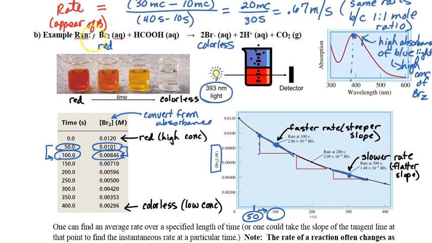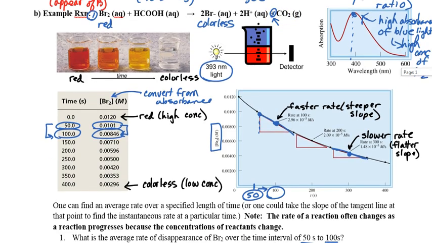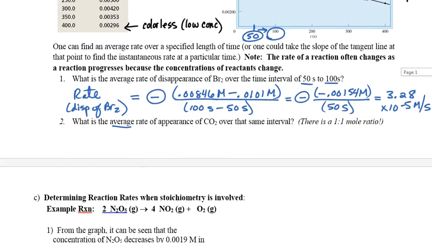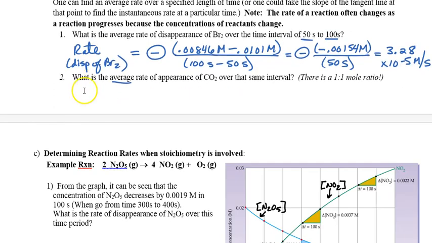For every 1 mole of Br2, we are going to get 1 mole of CO2. So it's a 1-to-1 mole ratio. So when you lose 1 mole of Br2, you're going to gain 1 mole of CO2.